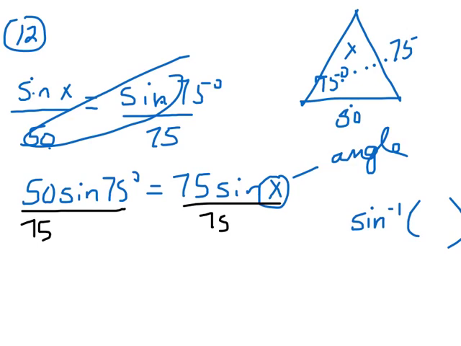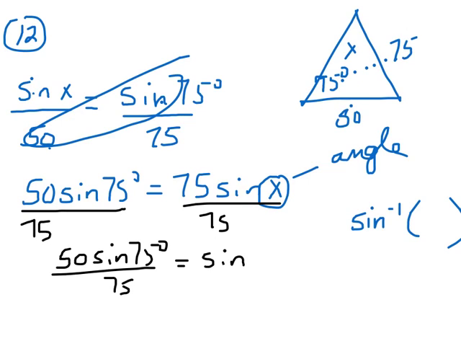Sure. I'm not going to here just because I'm going to let the calculator take care of it, because I don't want y'all to get all caught up in thinking you have to reduce stuff, because that's not really the point here. So if you look at what I have here, I have 50 sine 75 degrees over 75 is equal to sine of x.